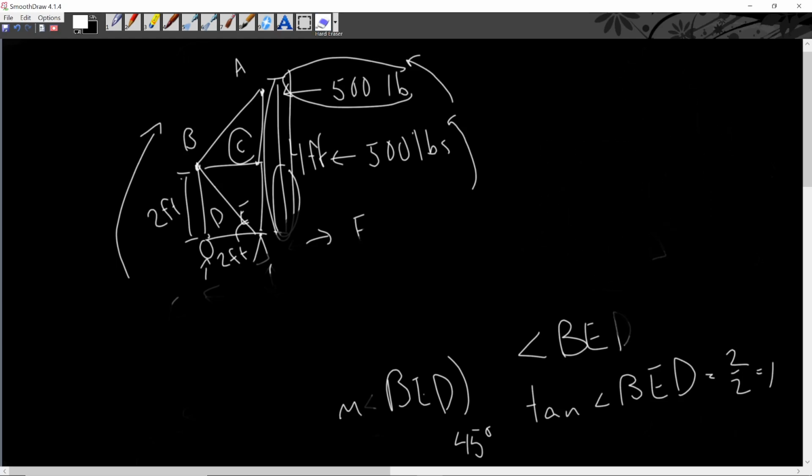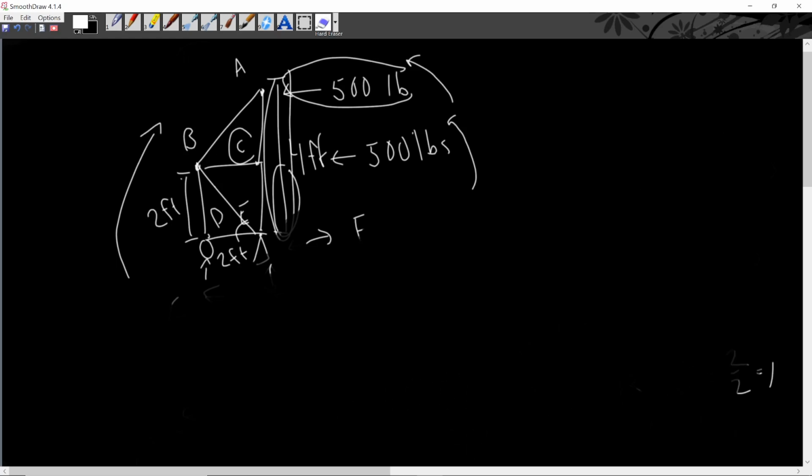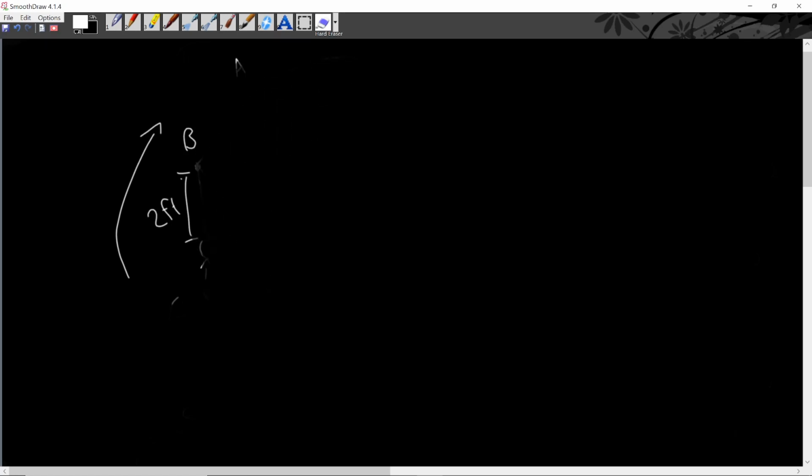And now let's briefly go over compression and tension. We did very quickly mention that at the beginning, but we do need to kind of understand what it is. Okay, so let's draw a truss really quickly.